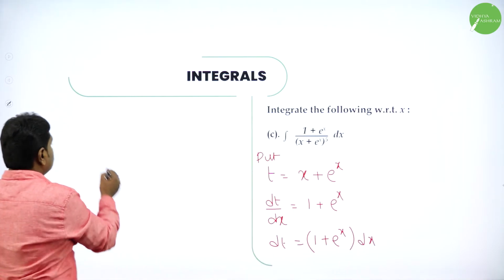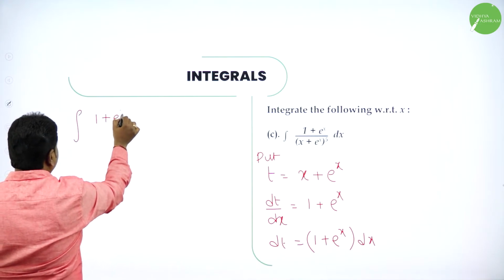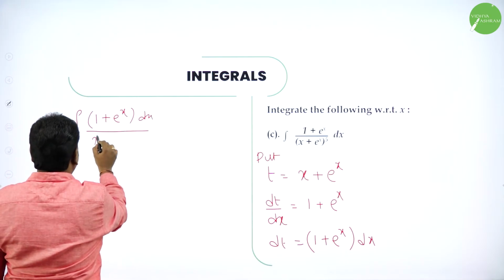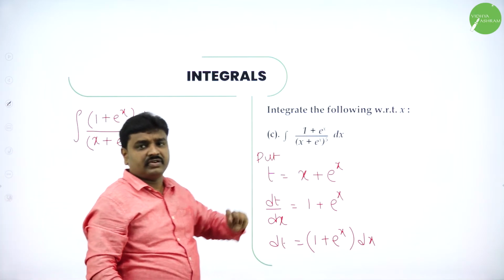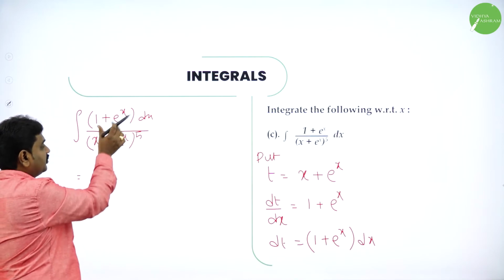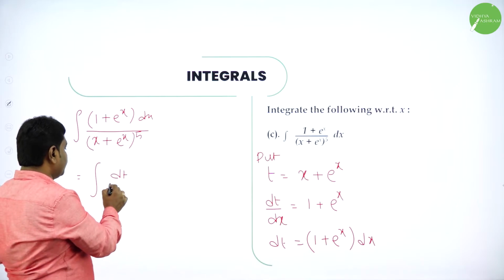Substitute this. So the given problem, integration of 1 plus e power x into dx divided by, what is left out, x plus e power x whole power what is given, 5. So it is integration of this, numerator is dt and denominator is t power 5.